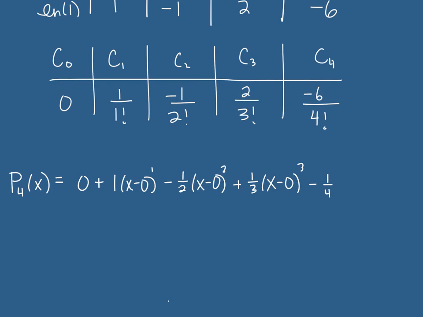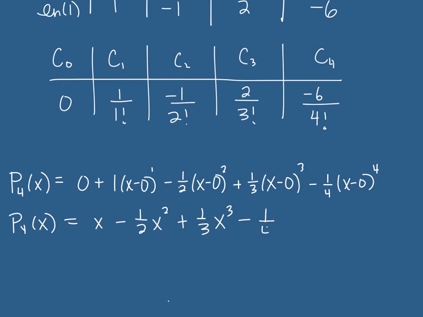Negative 1/4. See how the fractions are forming? All right, so we ended up with x minus a half of x squared plus a third of x cubed minus a fourth of x to the fourth.